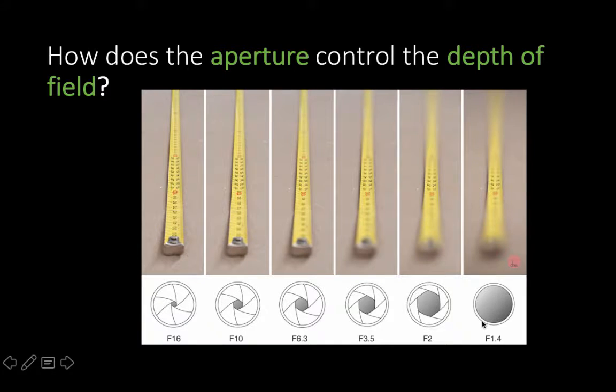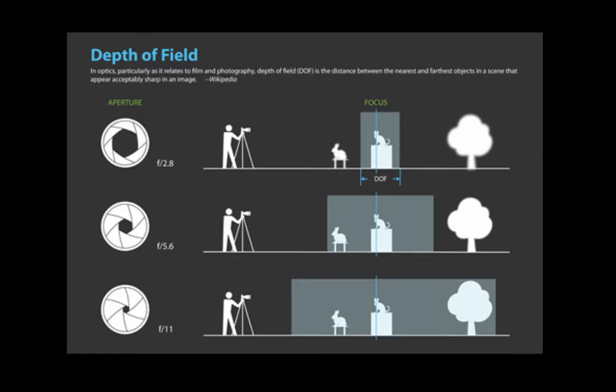Whereas when I'm choosing a very large opening, I'm only able to make out a couple of the numbers here on the measuring tape. So now you have an idea as to how the aperture, which is the opening, controls the depth of field, or the amount of layers that are focused. So again, for you guys who are visual, here's another way to look at it.